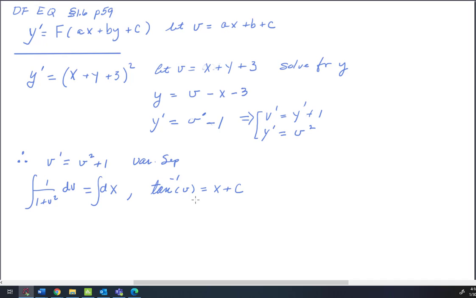So if I take the tangent of both sides here, I get the tangent, well, I'm not going to write down taking the tangent of both sides, I'm just going to do it. So when I take the tangent of this side, tangent of tan inverse, I get my v, and this would be tangent x plus c, and that looks real nice.